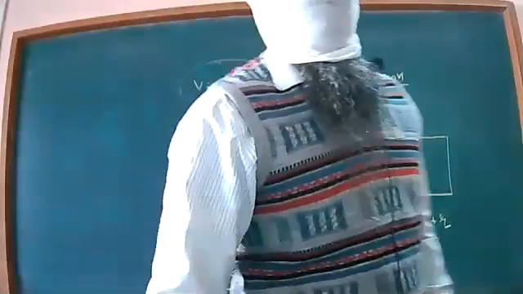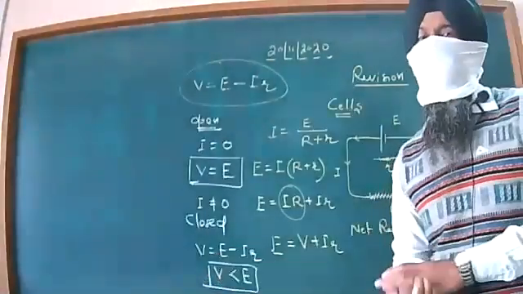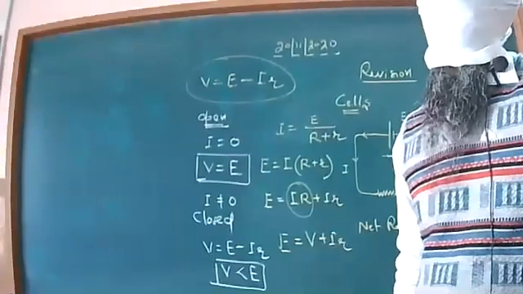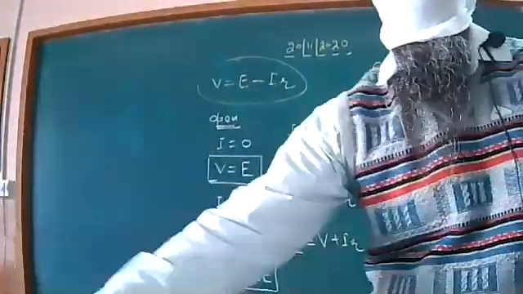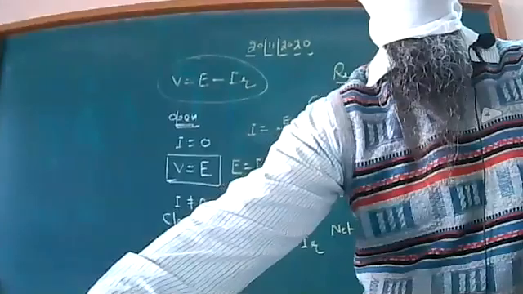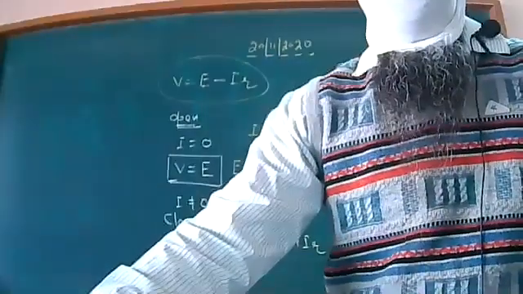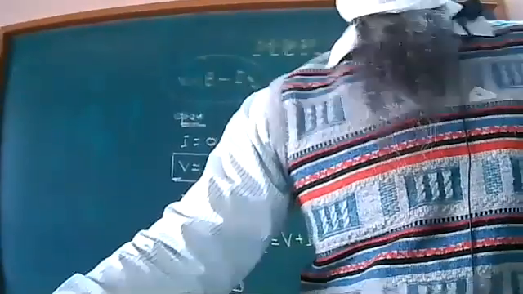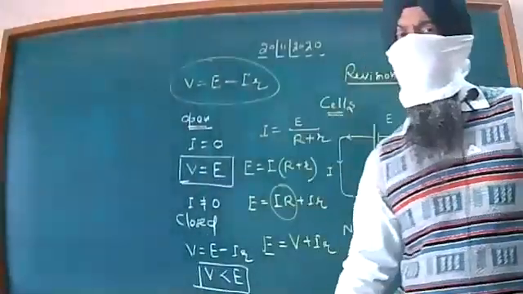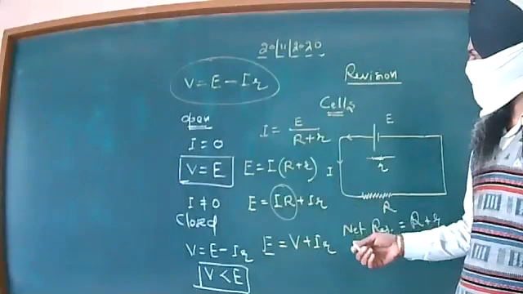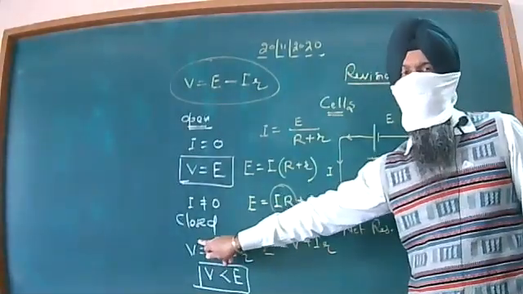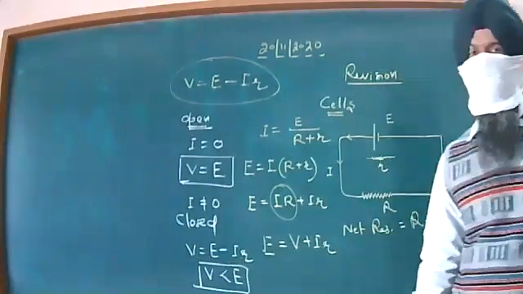So in this situation, we can say that when the electric current I is non-zero, that is when your circuit is a closed circuit, non-zero electric current we are taking into account, the circuit will be closed. And in the case of the closed circuit, our terminal potential difference is always less than the EMF of the cell.